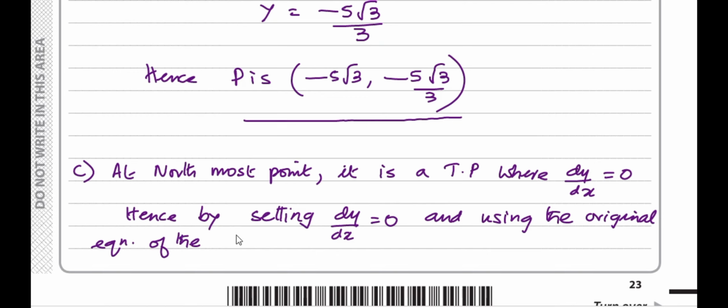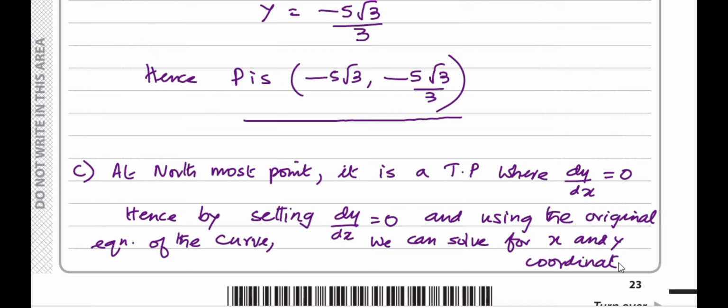So we will be able to sort out x as well as y. We can solve for x and y coordinates. It's a 1 mark question, but we need to explain clearly how we will be able to go about it.